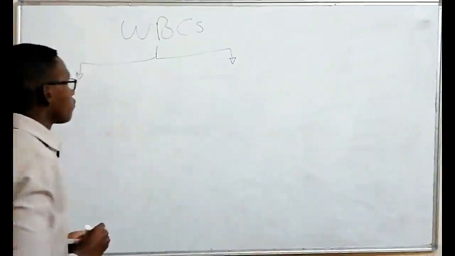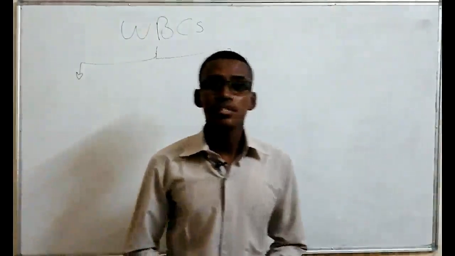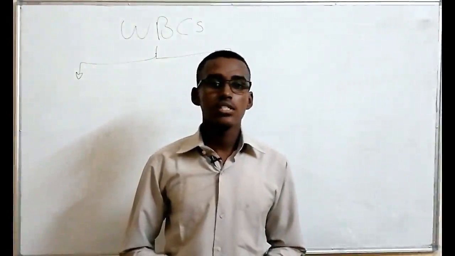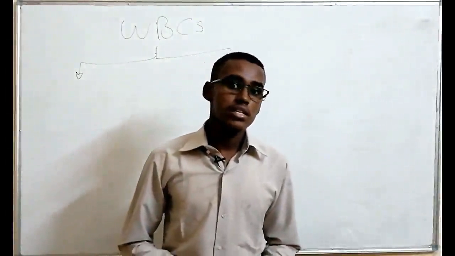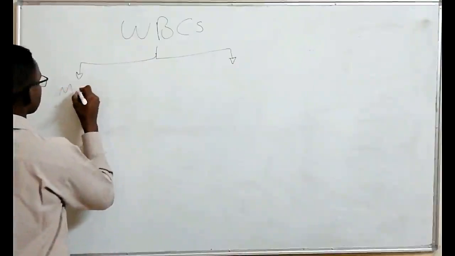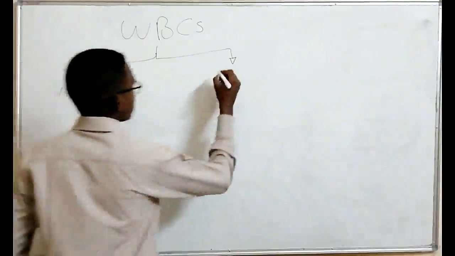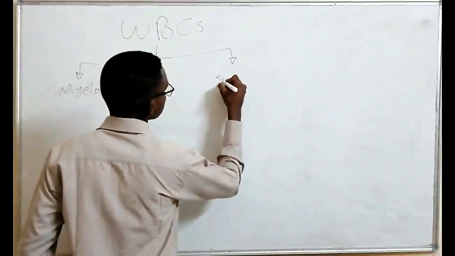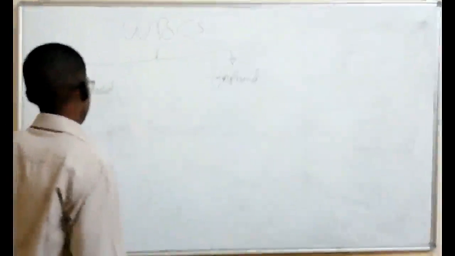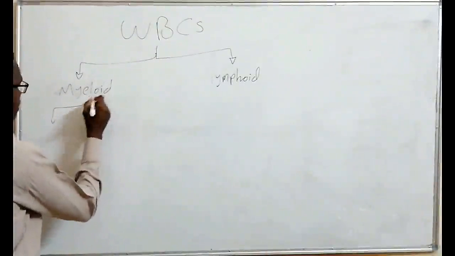Basically, in the process of blood cell production, hematopoiesis, there are two progenitor cells, myeloid and lymphoid cells, and according to these two cells, the white blood cells are divided into myeloid in origin and lymphoid in origin.